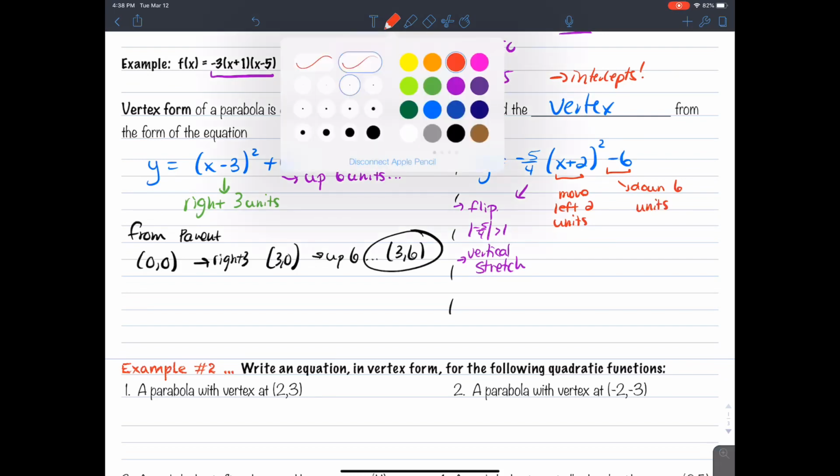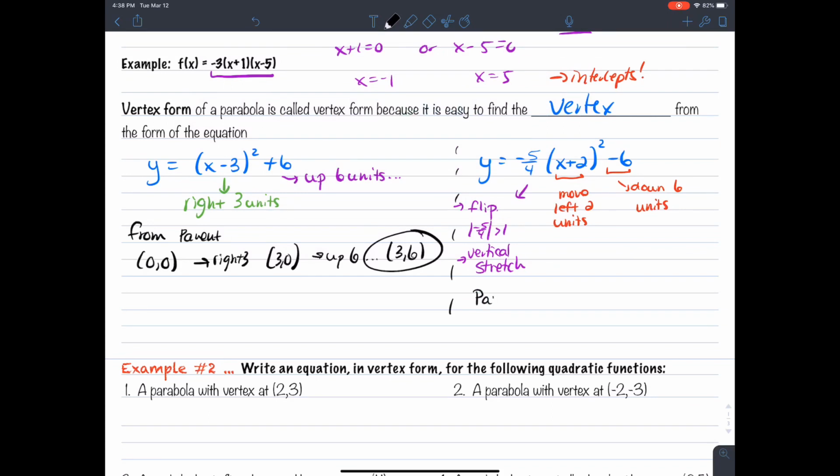If I wanted to find the vertex, we always know that the parent vertex is at (0, 0). So if I do my transformations, if I move 2 to the left, that would bring me to the point (-2, 0). And then again, if I moved down 6, that would bring me to the point (-2, -6). So this is where the vertex is.